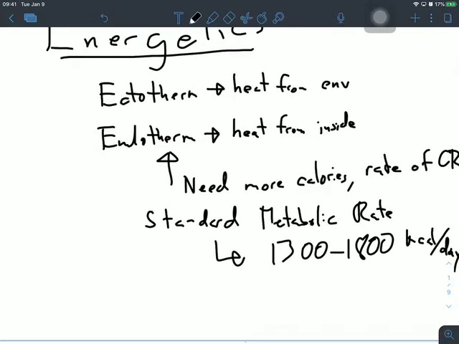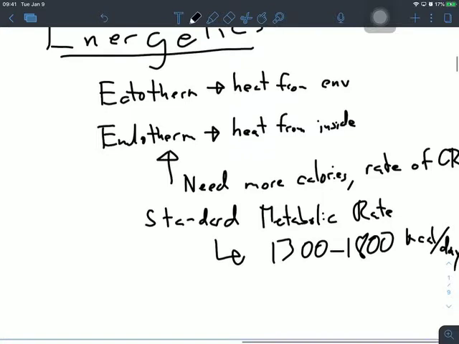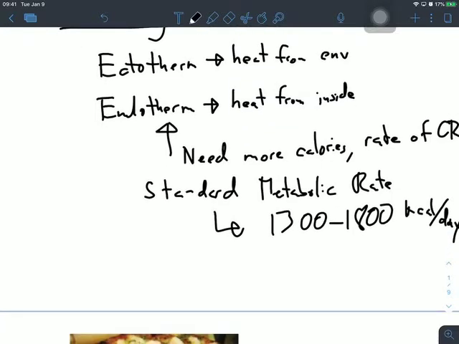Now, some animals go into these fantastic states that allow them to lower their standard metabolic rate for periods of time. That alteration of metabolic rate is known collectively as torpor, where organisms can downregulate their metabolism to survive in tough times.